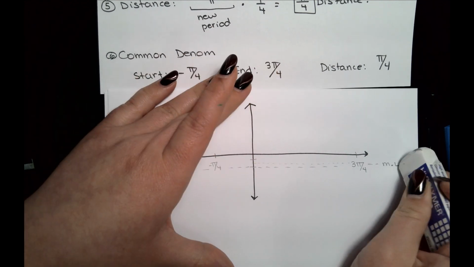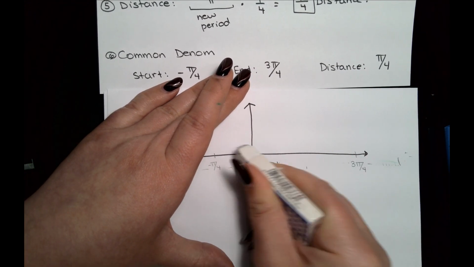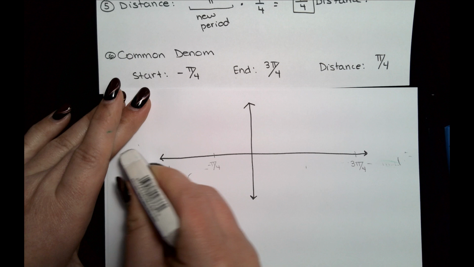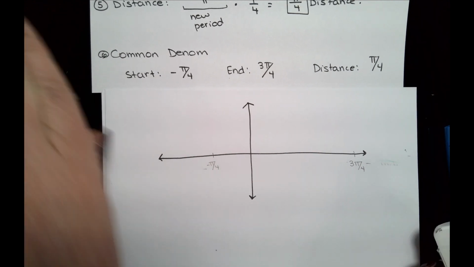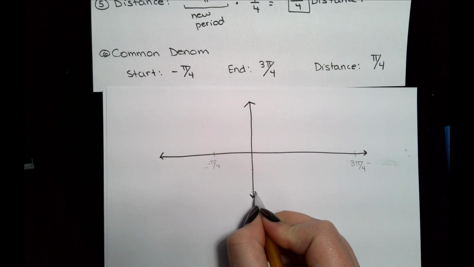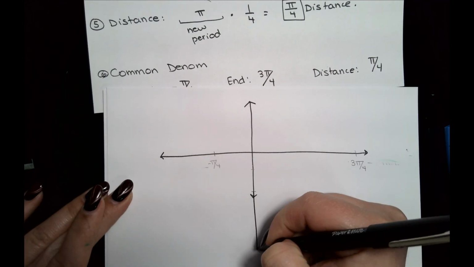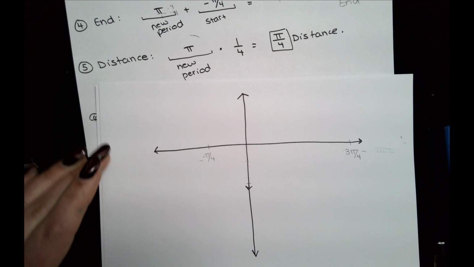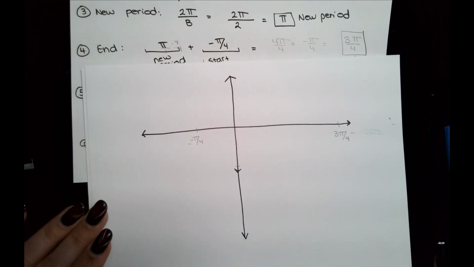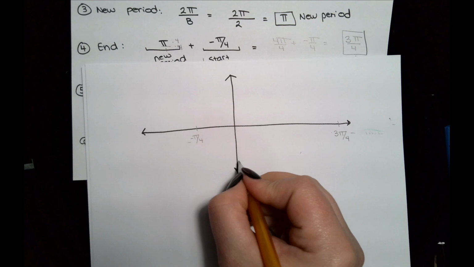So instead, I'm going to move my midline and say, here's 1, here's 2, and I'm going to extend this out even further.